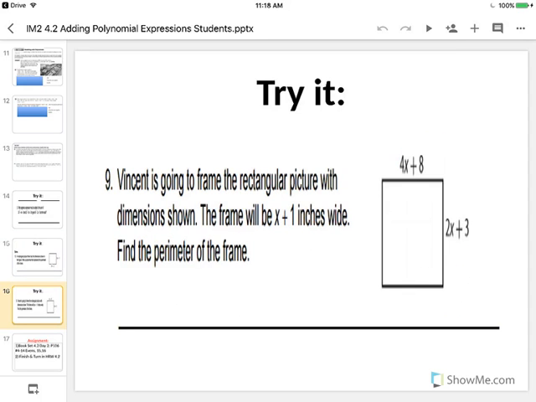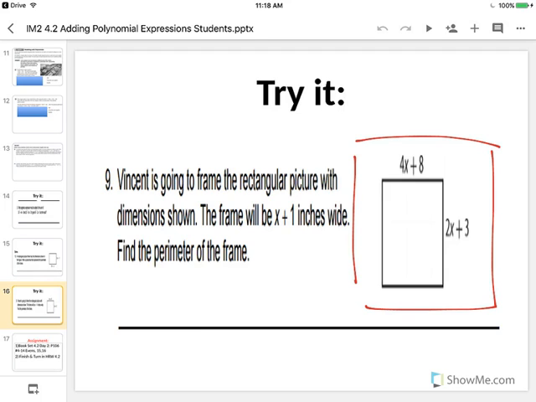Similarly to number 9, Vincent is going to frame the rectangular picture with the dimensions shown. The frame will be x plus 1 inches wide. Find the perimeter of the frame. Okay, so we can make a picture of this.